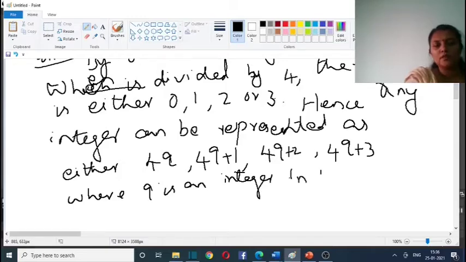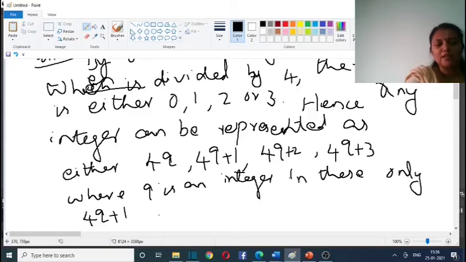In this, only 4q plus 1 and 4q plus 3 are odd integers.